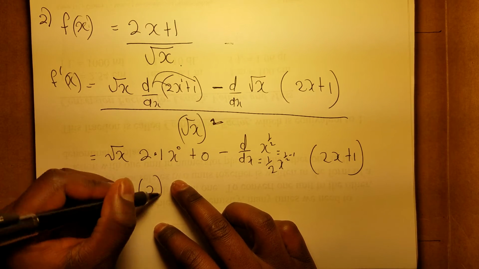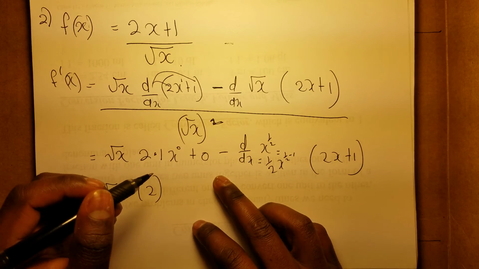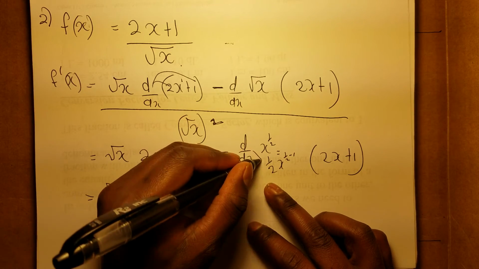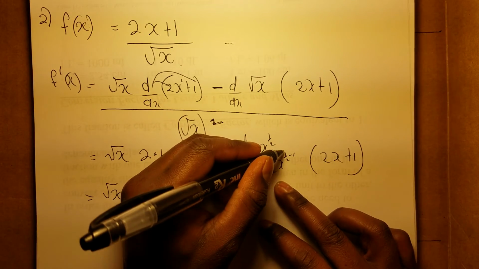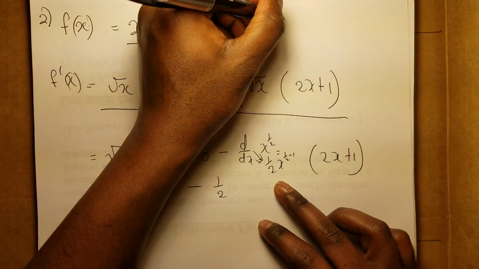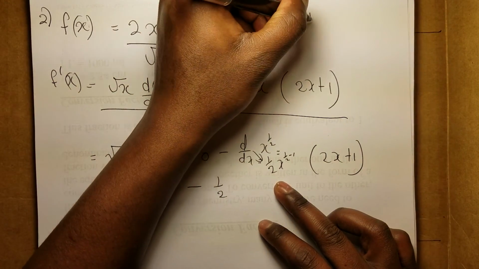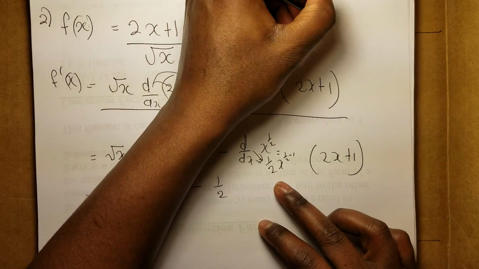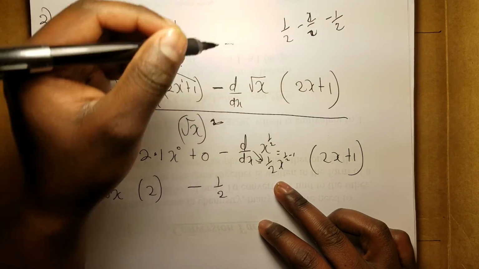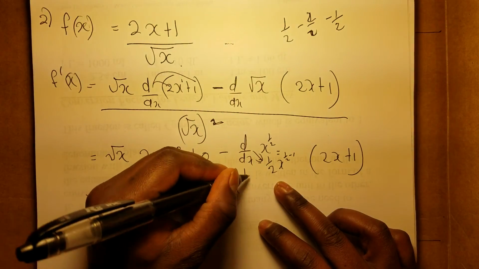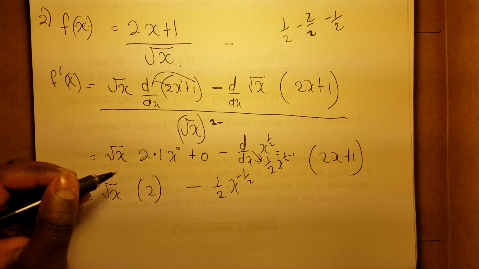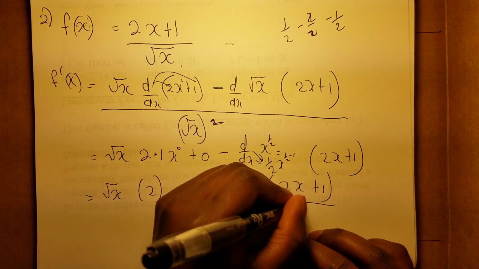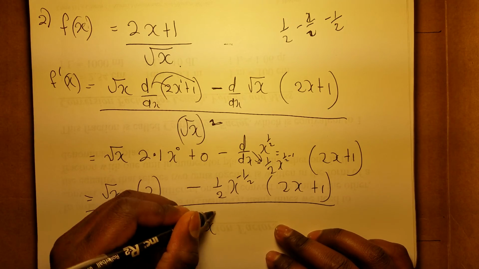So you get 2 plus 1 plus 0 is 0, minus the derivative of x to the half. Well, this becomes half x to the half minus 1. Half minus 1 becomes 1 over 2 minus 2 over 2, which is minus 1 over 2. So minus a half. So it becomes x to the minus a half by 2x plus 1, all divided by square root of x squared.